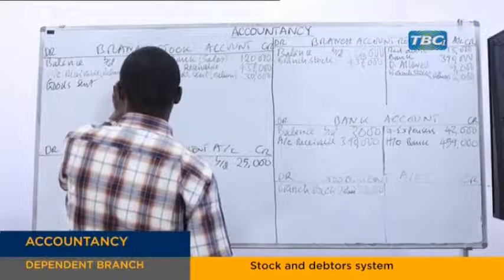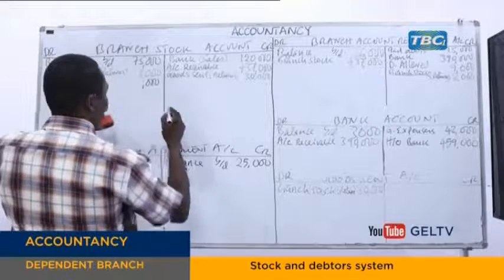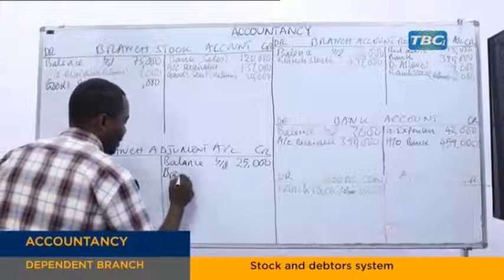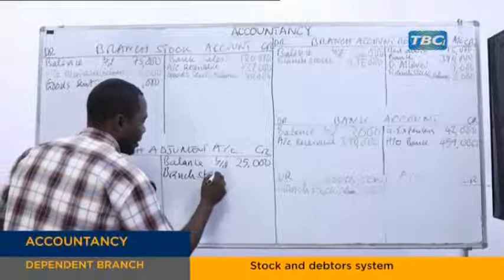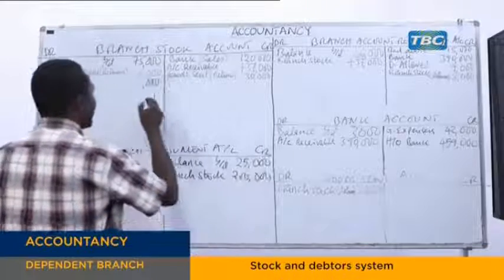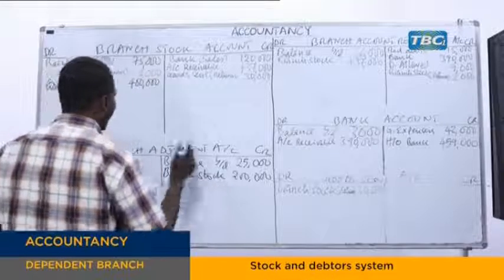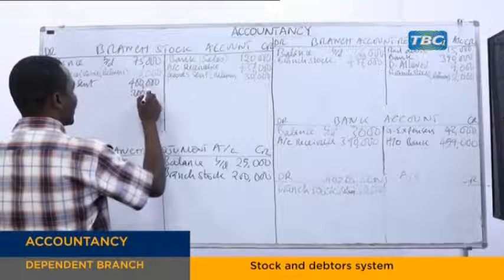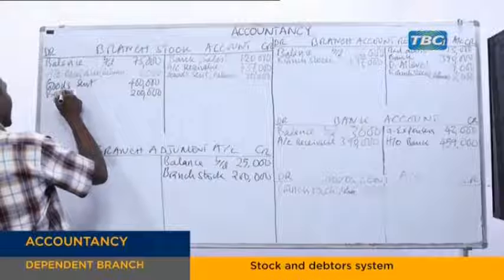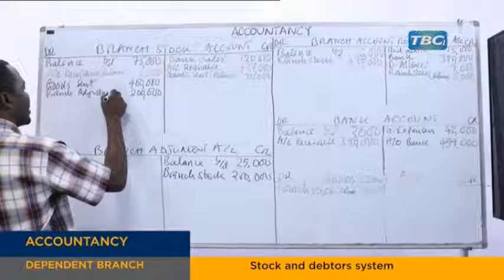Then for goods sent, normally this will be recorded at cost. So if the profit loading here in branch stock is 200 as we have computed, then this should be 400 to goods sent, and the difference that makes the 600, we adjust it to branch adjustment.